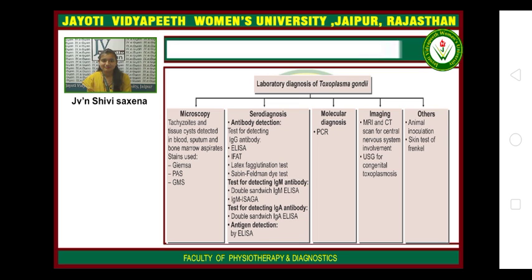And molecular diagnosis, PCR; imaging, MRI and CT scan for central nervous system involvement, and USG for congenital toxoplasmosis; and others, animal inoculation and skin test for Frenkel.